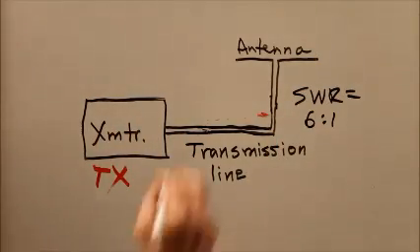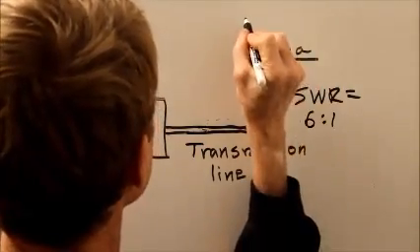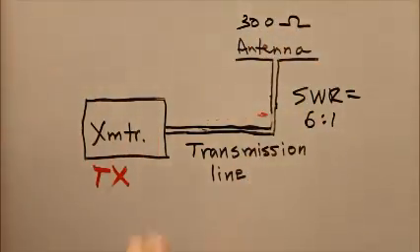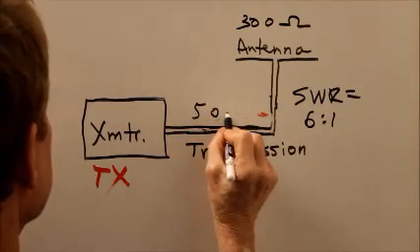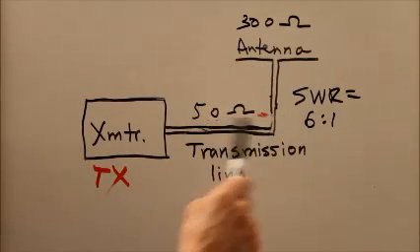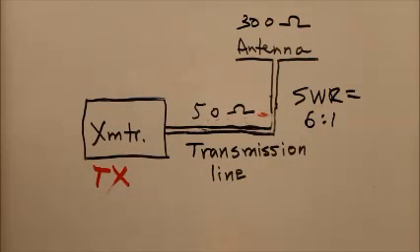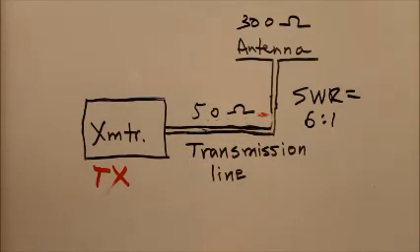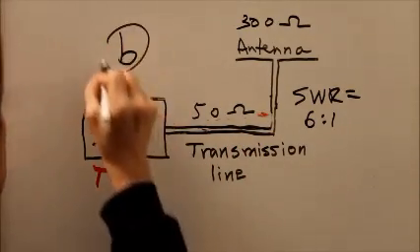We might have, say, a 300 ohm pure resistance for this antenna, and 50 ohm characteristic impedance for the line. If we have a mismatch that bad, we're bound to get some significant standing wave ratio loss. That, also known as standing wave loss, will manifest itself as true power. The correct answer here is B, as in Bravo.